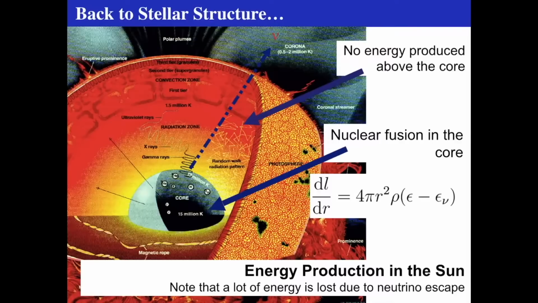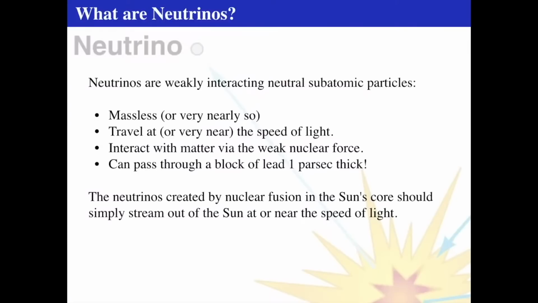So the luminosity of light depends on the density of material that's producing it times the energy per unit density, so energy production. We will know that a huge amount of energy is lost due to neutrinos. So if we can just find evidence for it, it will show that it's happening in the center of the sun.